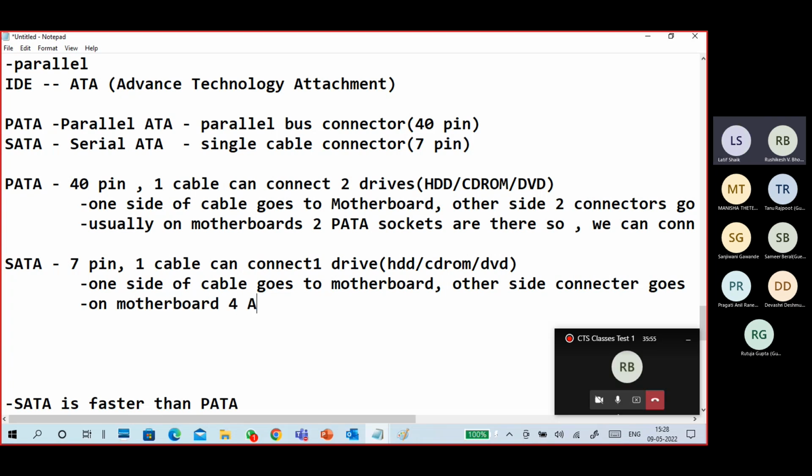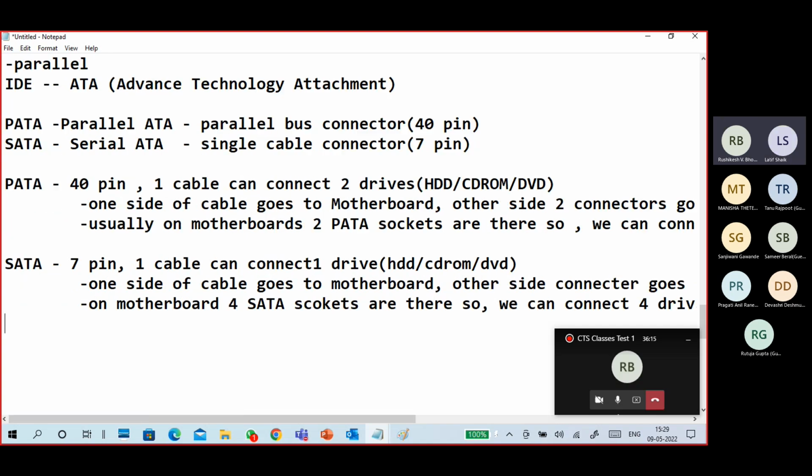So again, on the motherboard, 4 SATA sockets are there. So how many devices can we connect? 4 drives; usually on a motherboard, 4 SATA cables.